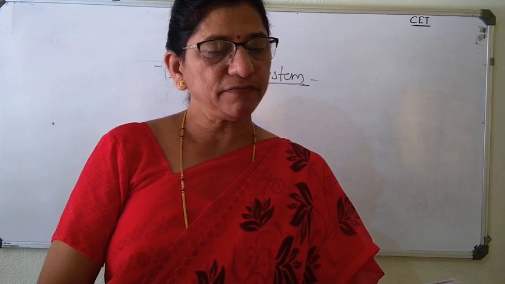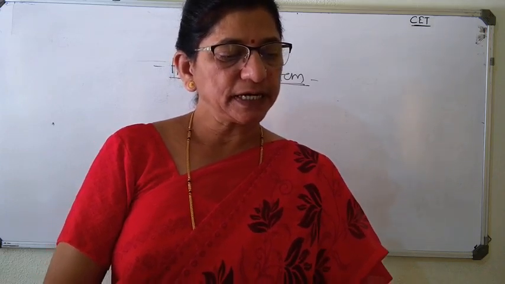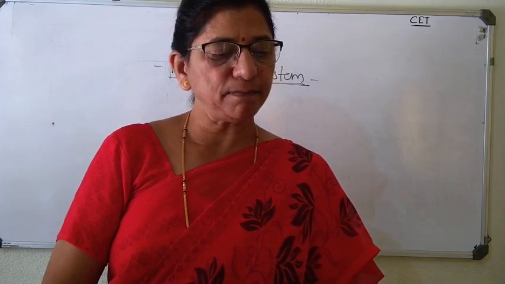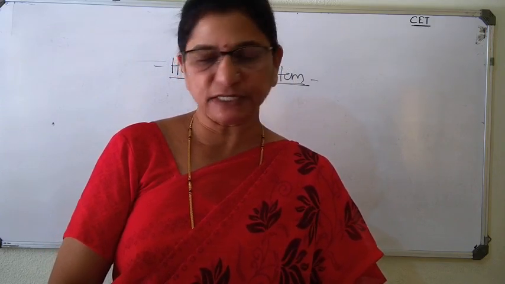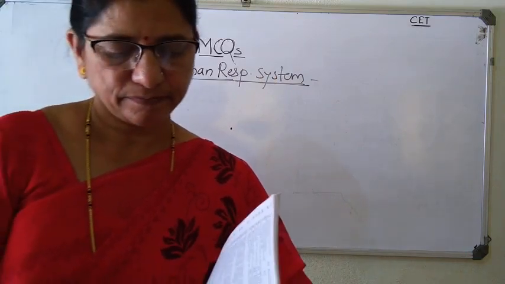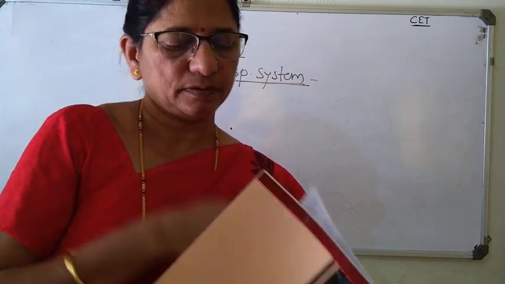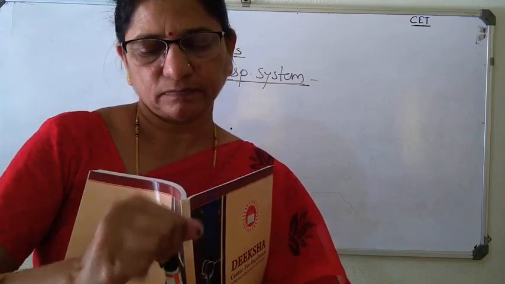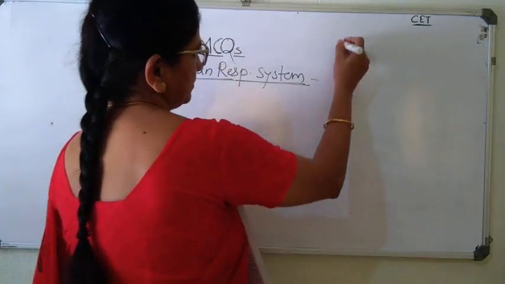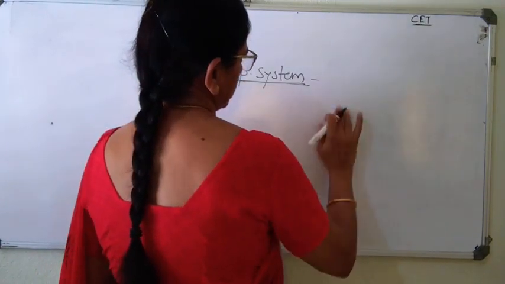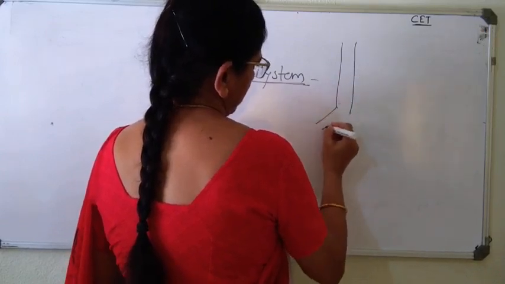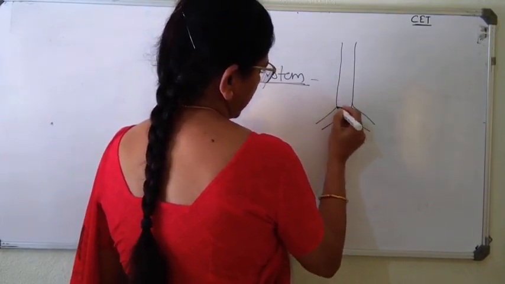Then question number 58. Trachea and bronchi possess, the correct answer is incomplete cartilaginous rings. Now you are well known, the trachea is a wind pipe. It bifurcates into bronchi, right and left.